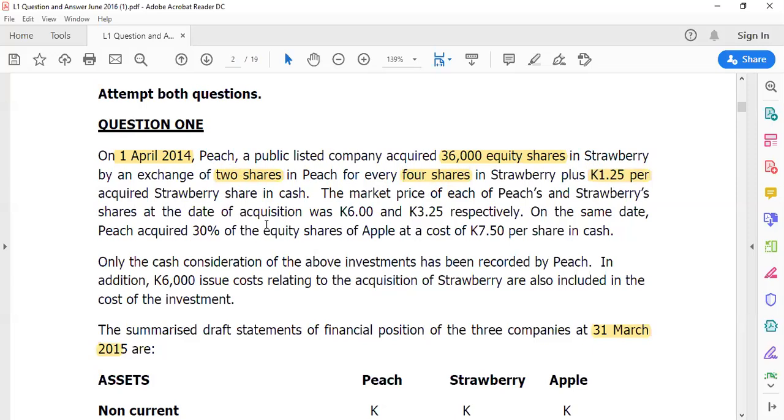So there are different kinds of payments here. Number one, we have a share exchange. Then number two, we have a cash price of 1.25 kwacha per share acquired.